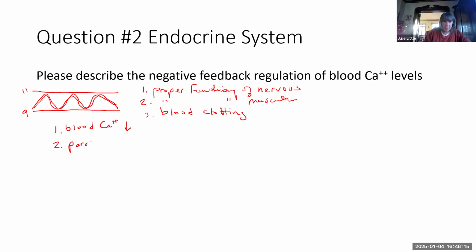So the parathyroid gland is our major blood calcium controller. What the parathyroid gland does is it detects and it releases parathyroid hormone, PTH, parathormone, or most people just call it parathyroid hormone.